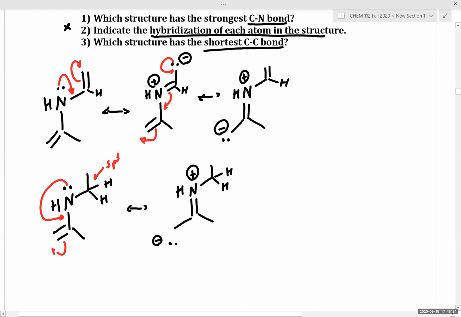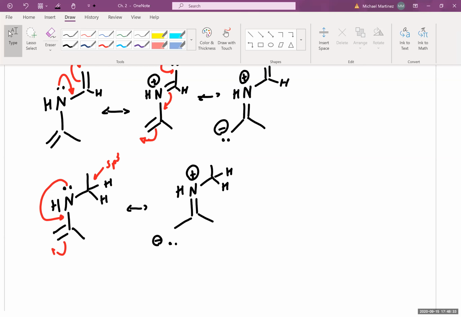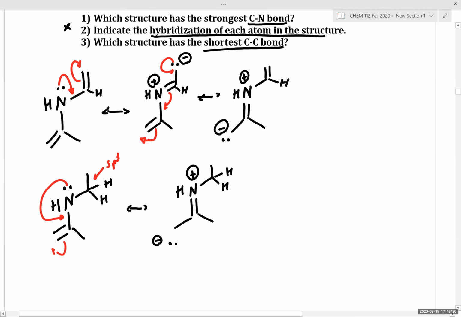So now that we have our two structures, I'd like you to take a moment and try to calculate the carbon-nitrogen bond order. Let's pick just the bottom carbon-nitrogen bond. It's arbitrary, but it's representative in each of these structures. So let's take about a minute and a half and try to calculate the carbon-nitrogen bond order in each of these two structures.